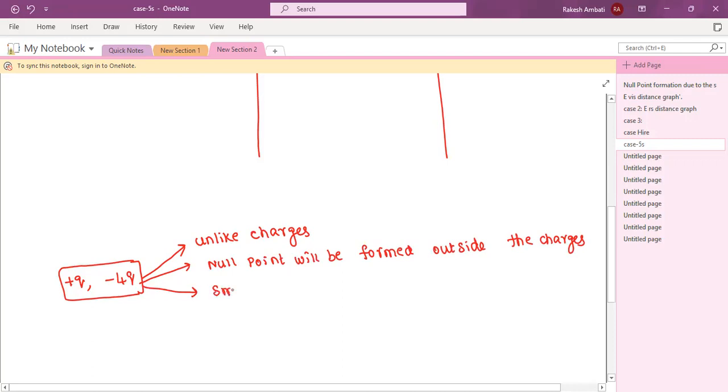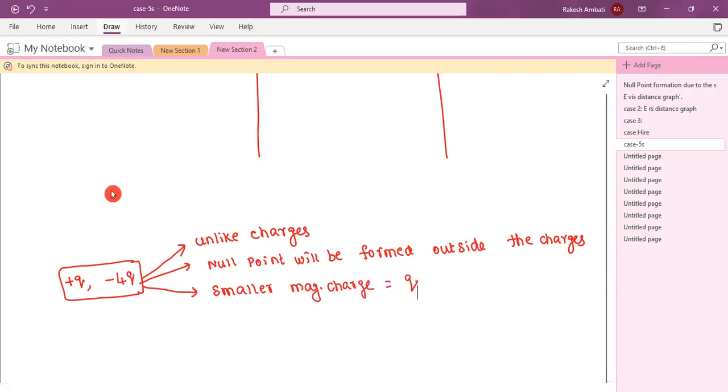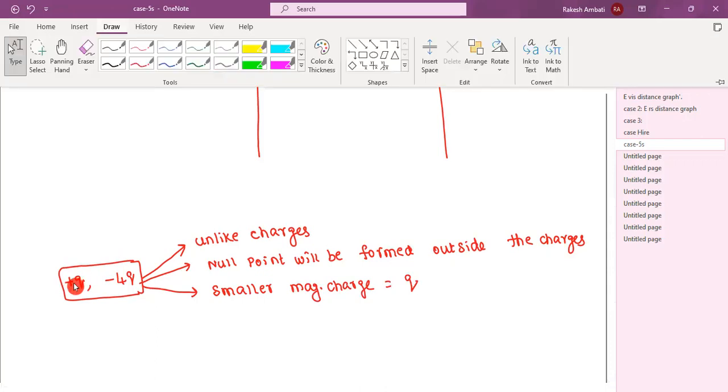So what is the smaller magnitude charge? In the case of plus Q, the magnitude is Q. In the case of minus 4Q, the magnitude is 4Q. So the smaller magnitude charge is Q.